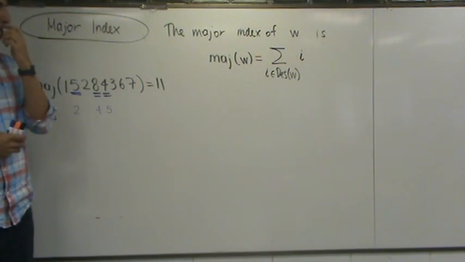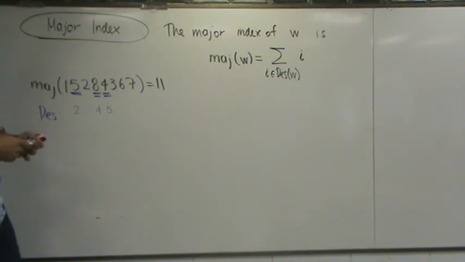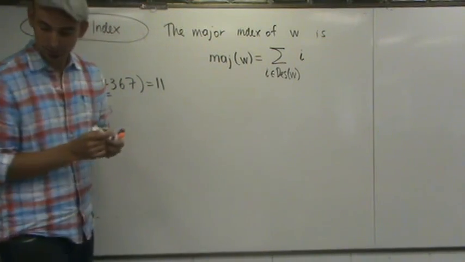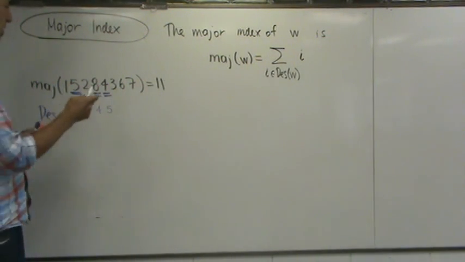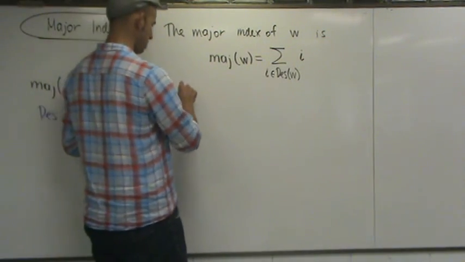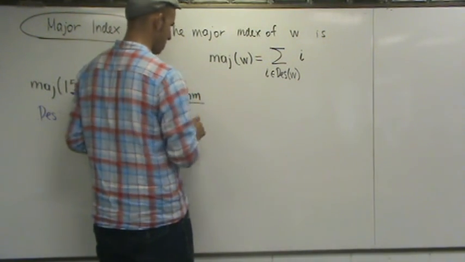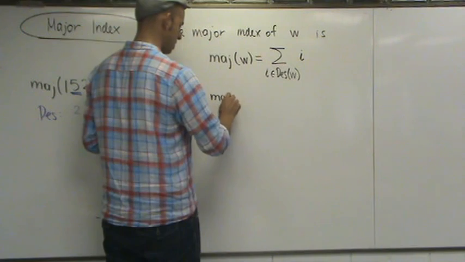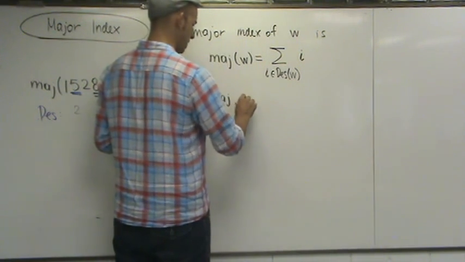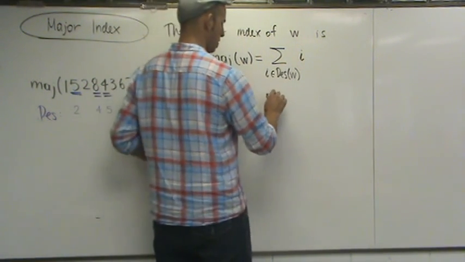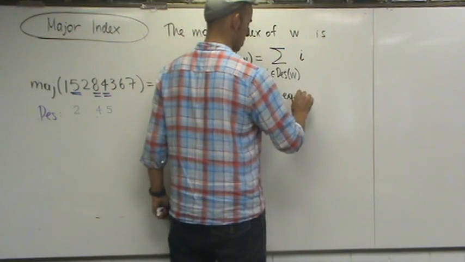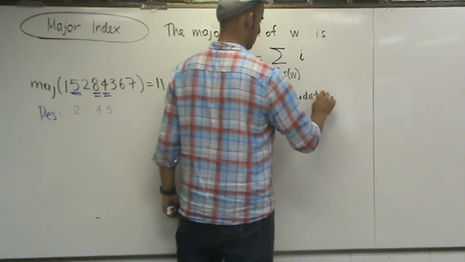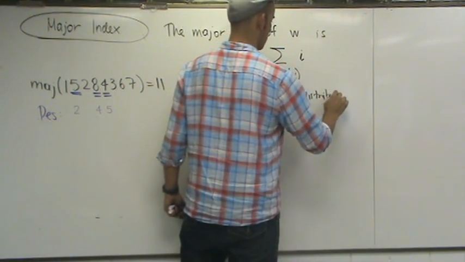Okay? And so what I'm going to prove is that the major index and the inversions are equidistributed. And we'll do an example of this to remember what all of these things are.